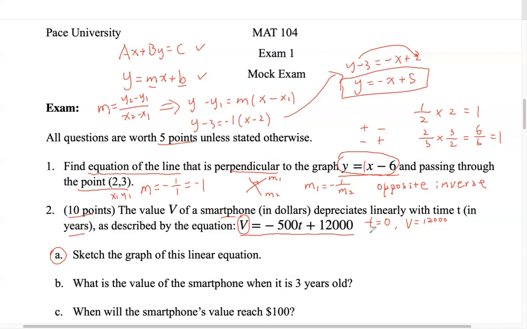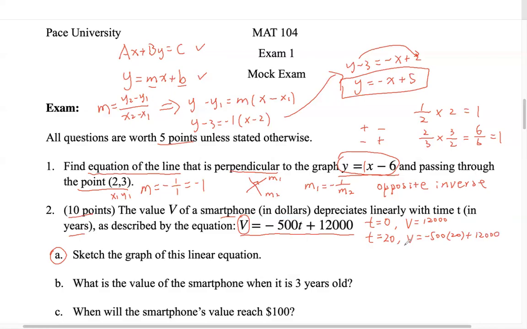Now let's see t. We can choose t to be any number, right? To be a convenient number. So I'm going to choose t to be 20, right? But if t is 20, let's evaluate v. So we have negative 500 times 20 plus 12,000.